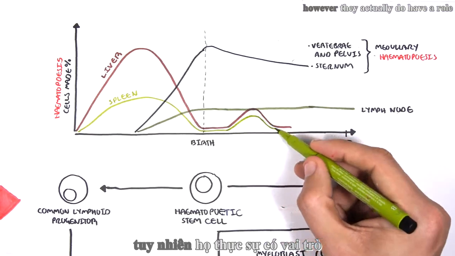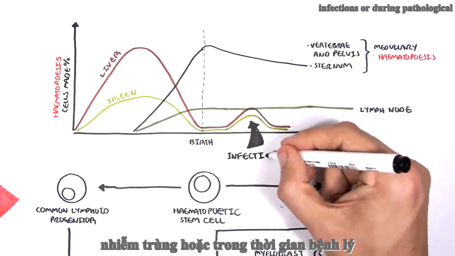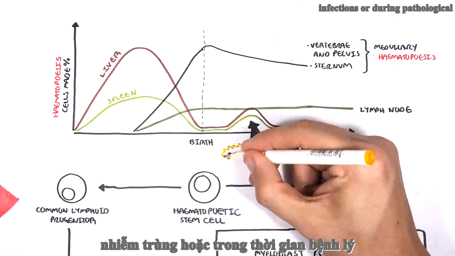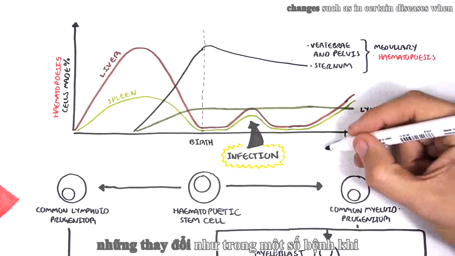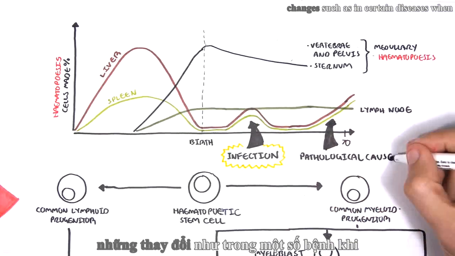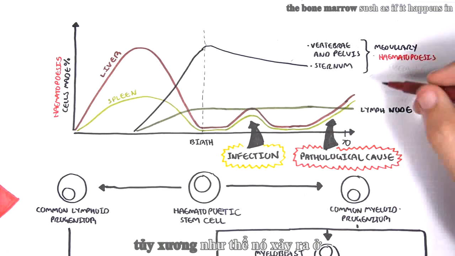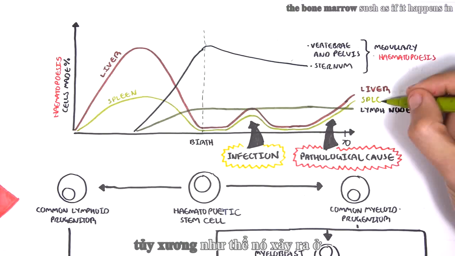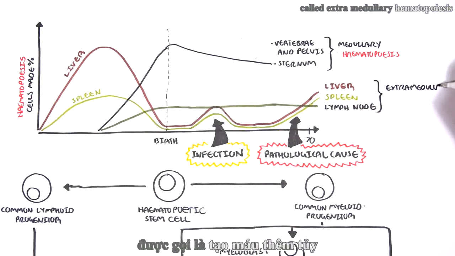However, they actually do have a role, particularly during periods of infections or during pathological changes, such as in certain diseases. When other organs perform hematopoiesis aside from the bone marrow, such as the lymph node, spleen, or liver, this is called extramedullary hematopoiesis.